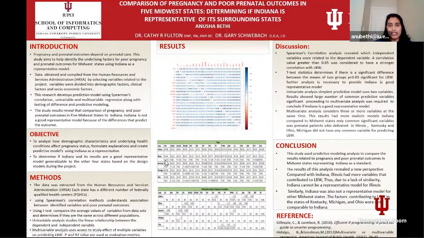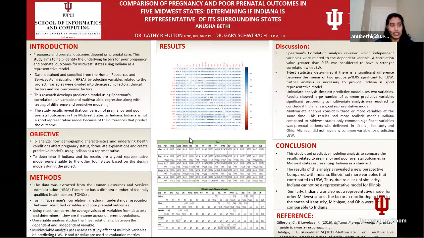If we compare Indiana and Illinois, poverty, Medicaid, lack of prenatal care, patients who delivered, cervical cancer and depression were significant. When we compare Indiana to Kentucky, uninsured, Medicare, hypertension, tobacco, and depression were significant. Indiana, when compared to Michigan, Medicare, uninsured, hypertension, and HIV were significant.